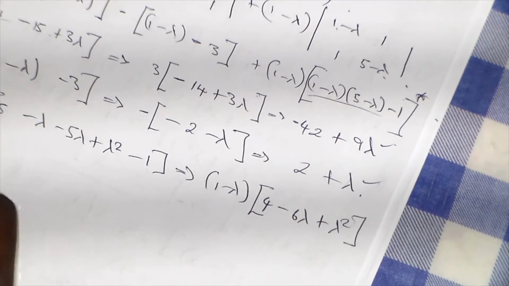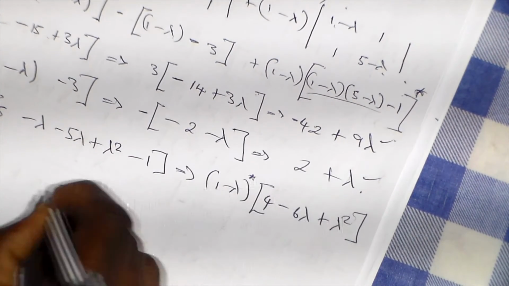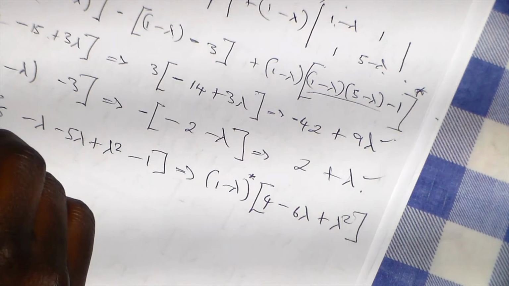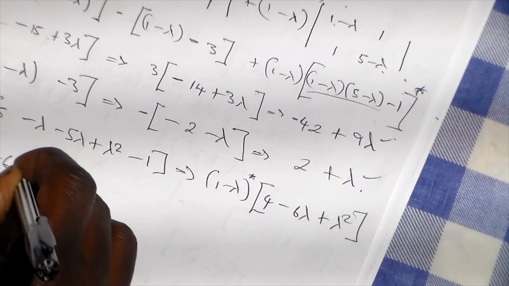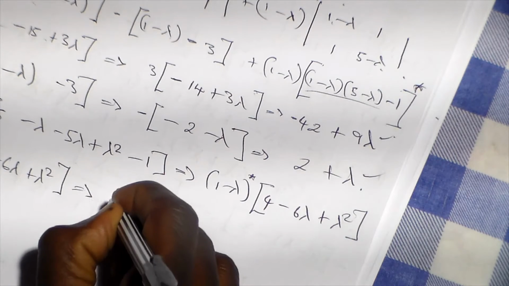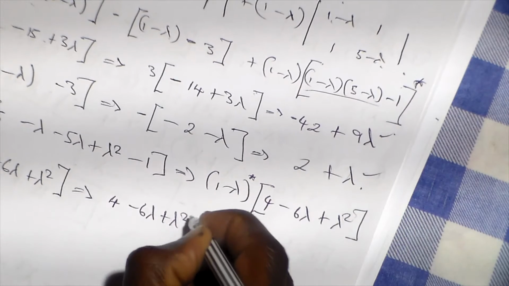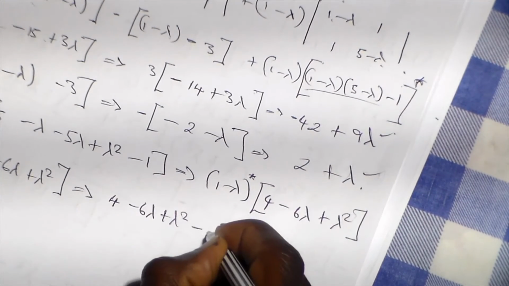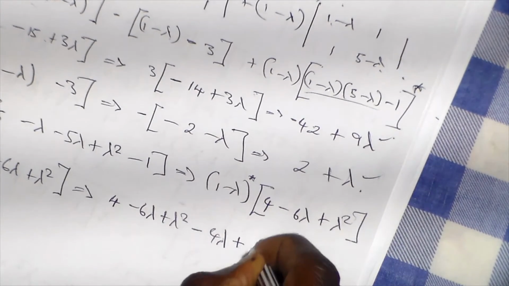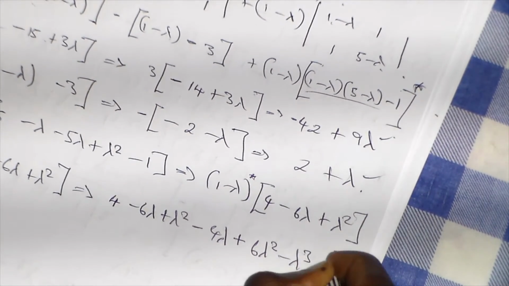Now simplifying with the brackets, this bracket which is outside is giving me 4 minus 6 lambda plus lambda squared minus 4 lambda plus 6 lambda squared minus lambda cubed.